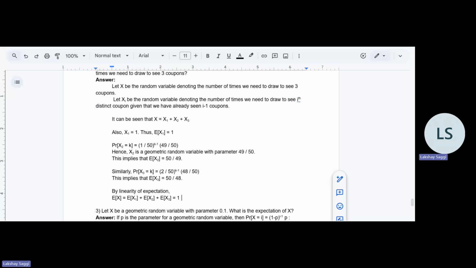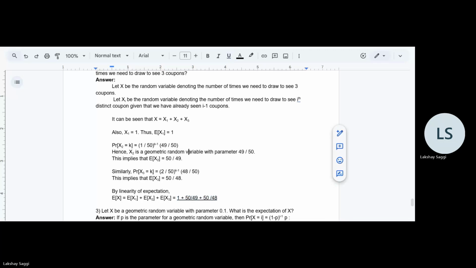And this is nothing but 1 plus 50 over 49 plus 50 over 48. You can compute whatever answer this comes out to be to the closest decimal, but this is the correct answer.